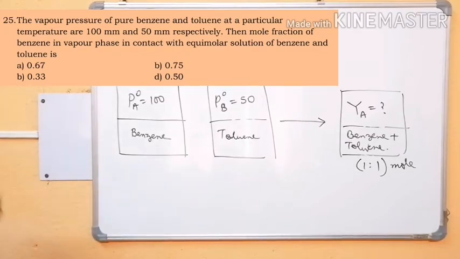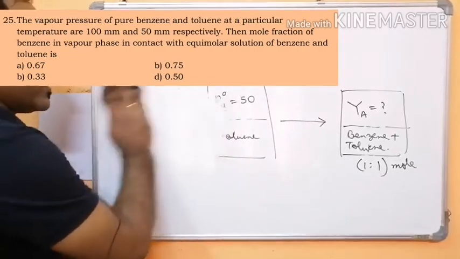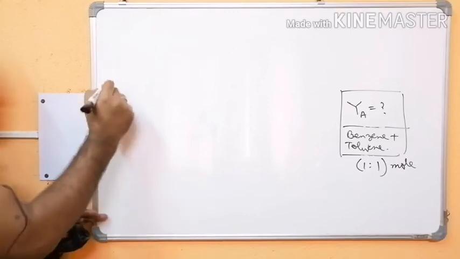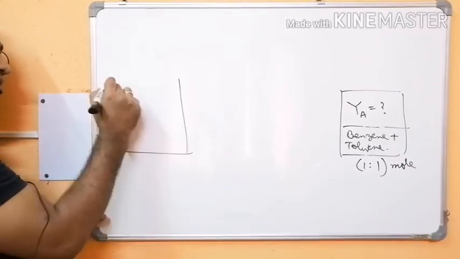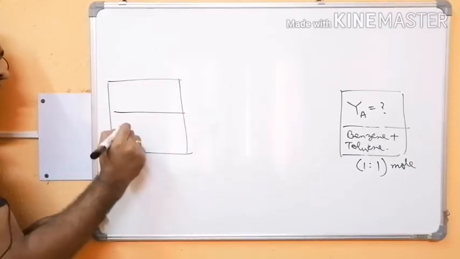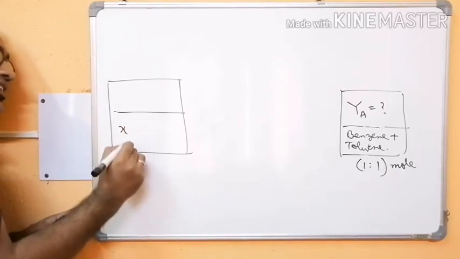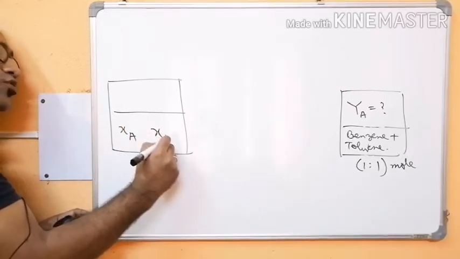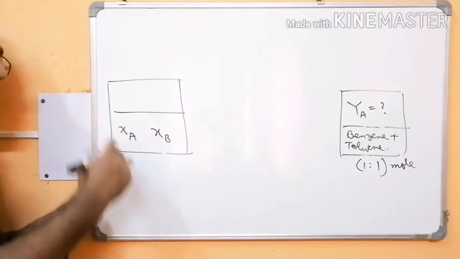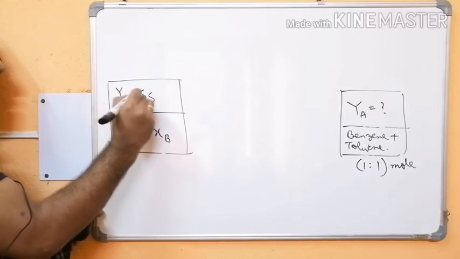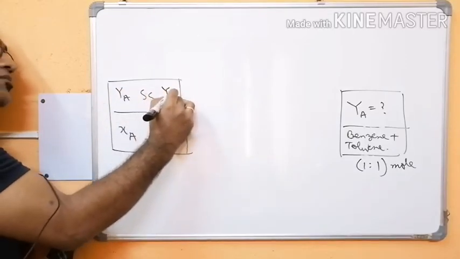Now to solve the question, let's see the question in a proper way. In this mixture, the mole fraction of benzene is Xa and the mole fraction of toluene is Xb. The mole fraction of benzene in the vapor phase is Ya and that of toluene is Yb.